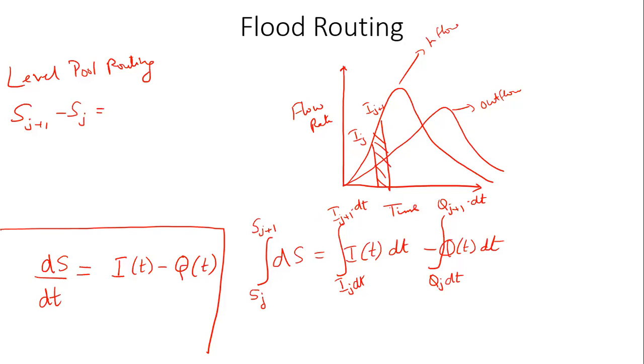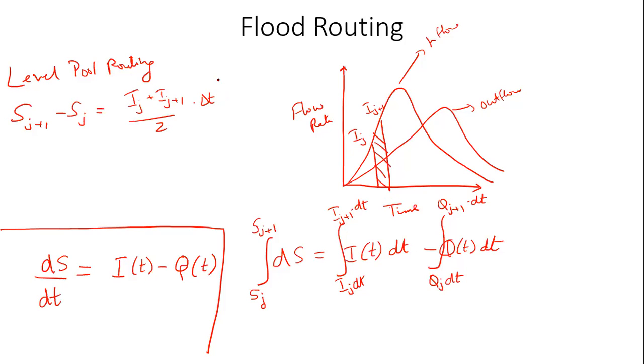Assuming that between these 2 points it is more or less linear, it's just simply a trapezoid, right? So the area between those 2 lines is simply Ij plus Ij plus 1 divided by 2 into delta t. Okay, I'll use delta t instead of dt. It's a little bit easier now.